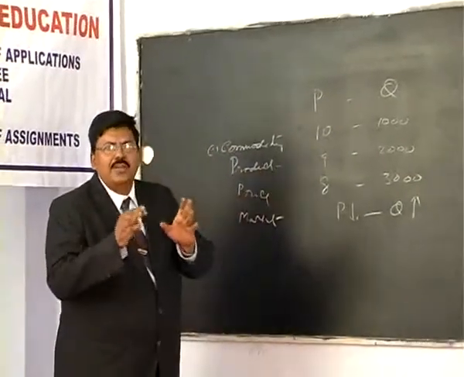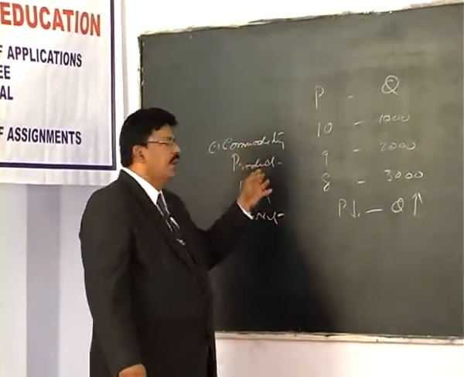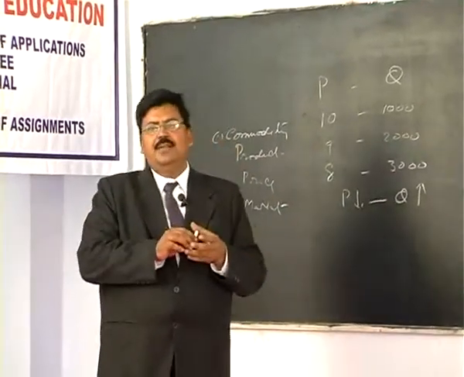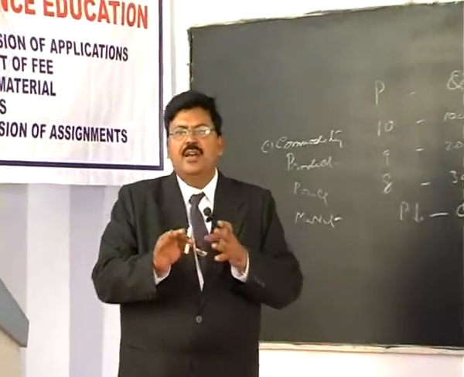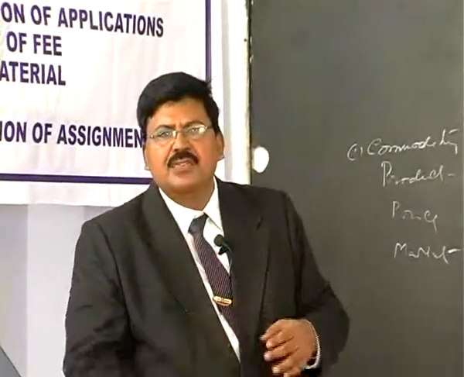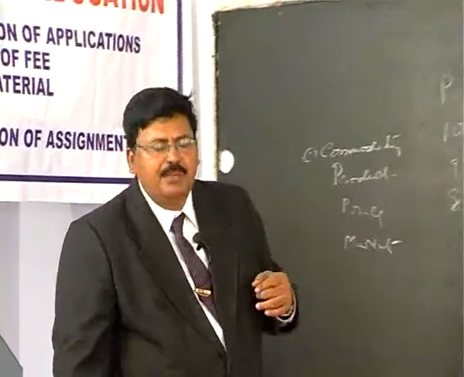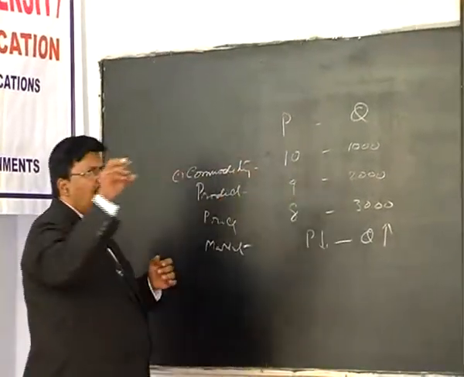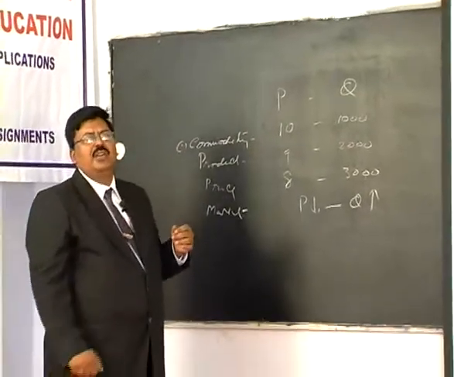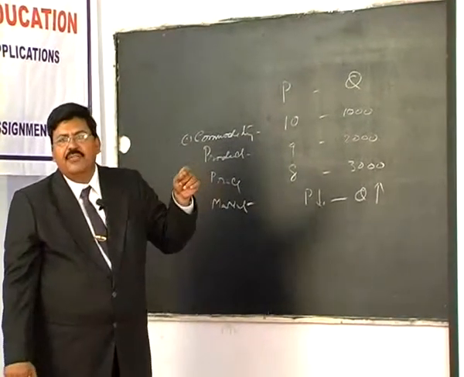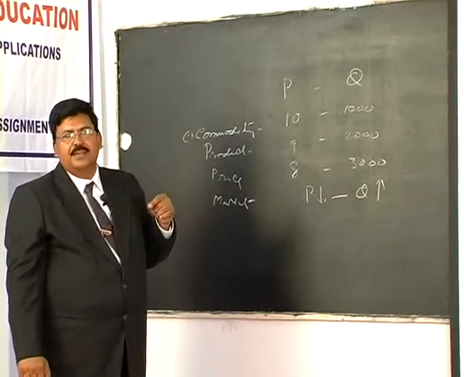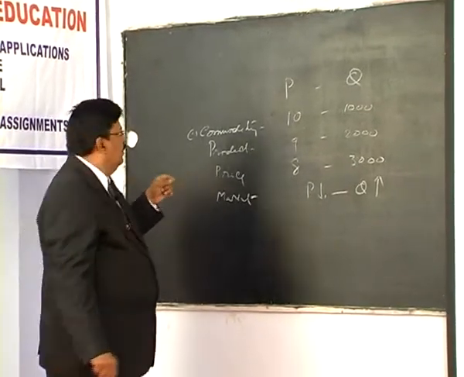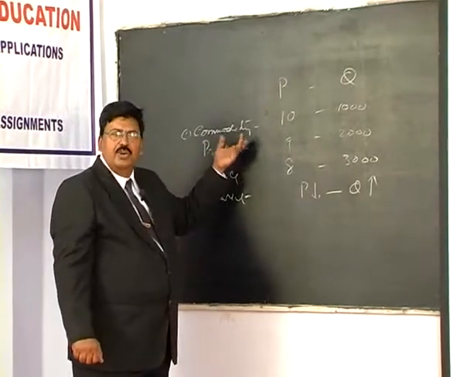And if you want to have a distinction between commodity and product, you can do it. Generally, these two can be used interchangeably. And if you want a perfect distinction of how they are used in economics, you may say that the output of an industry is called a commodity, and the output of a firm is called a product. That means automobile is a commodity.